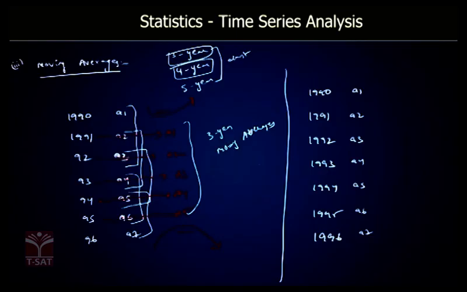In the same way, here we have to consider the 5 values A1, A2, A3, A4, and A5, find the average, and assign that average to the middle year, that is 92. In the same way, calculate the average of the next 5 numbers, A2, A3, A4, A5 and A6. The middle year for that is 1993, that is A2 as the average. In the same way, A3 follows.